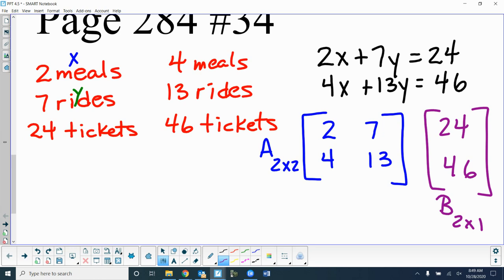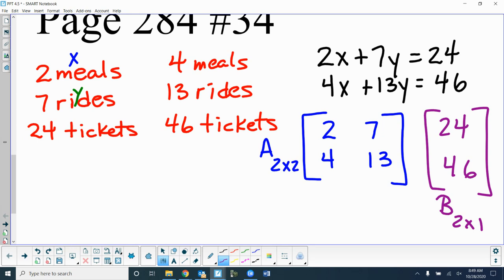What is nothing? 0, yes, 0, not a 1. Okay, if it was 4x plus y is 46, then the 1 is there, right? But if it just said 4x equals 46, then there'd be a 0 in that spot. You with me? So sometimes you might have to put zeros in, right, John?